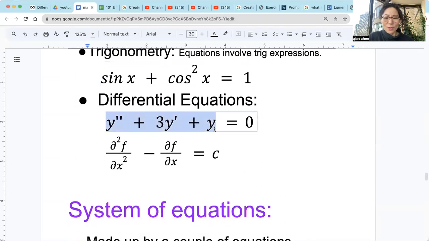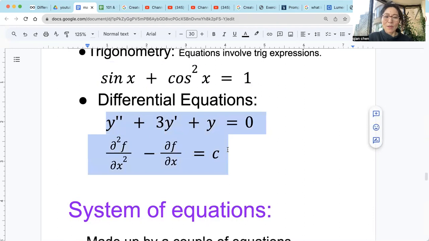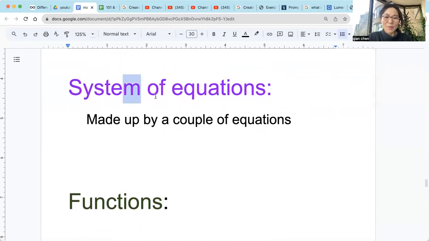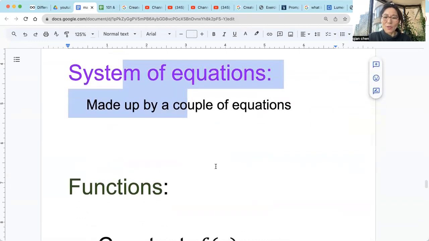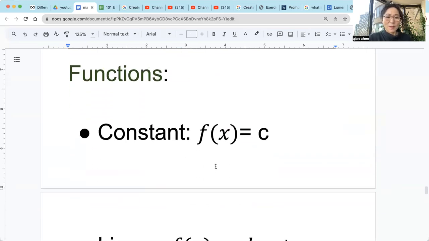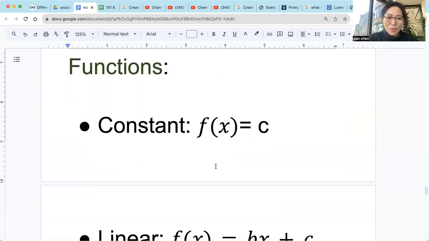And differential equations, this is a little bit higher level. This involves calculus, derivatives, right? Differential equations. A system of equations means we put a couple of equations together. We want to solve for the variables of the system. And then we have expressions. We add an equal sign and that makes equations.